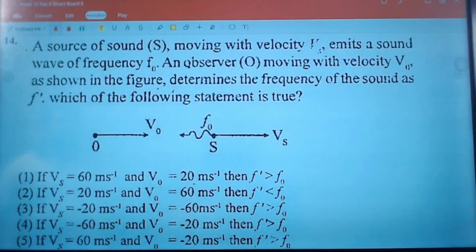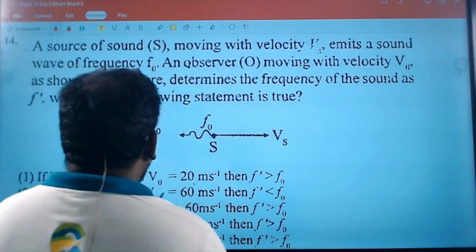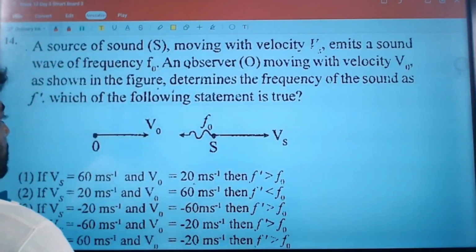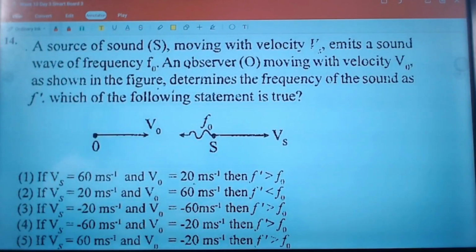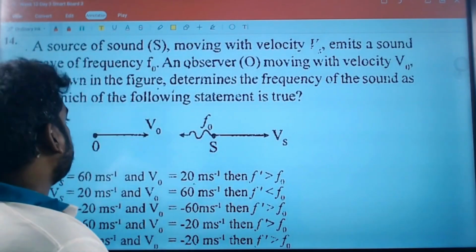Question number 14. A source of sound S moving with velocity Vs emits a sound wave of frequency F0. Doppler effect question. An observer O moving with a velocity V0 is shown in the figure. Determine the frequency of sound as F dash. So source moving away. Observer moving behind the source.